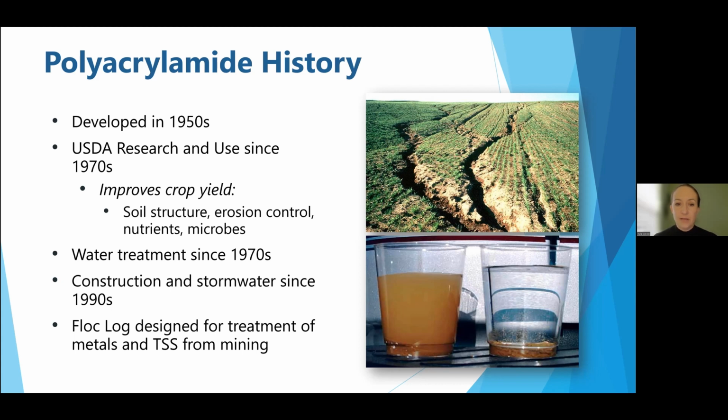They've done a lot of different research and a lot of papers to show that it can actually improve crop yield and vegetative growth. It does that by preventing erosion, improving soil structure, improving infiltration of water into the soil, keeping nutrients, microbes, and things like that in place. And all of those benefits combined, they found they were able to use PAM to not just prevent erosion, but actually improve vegetation.